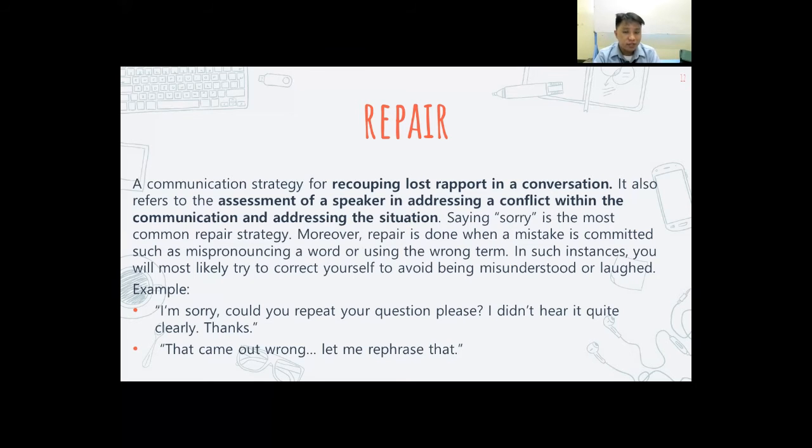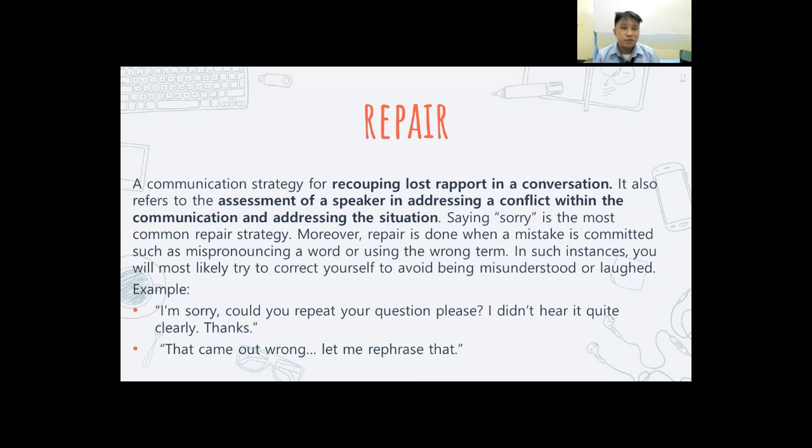So you are trying to repair a certain part of your conversation to clarify and to erase the clouds of confusion within your conversation. If you use or misuse or mispronounce a word, you will try to repair the conversation by saying, I'm sorry, let me, that was wrong, or something like that.